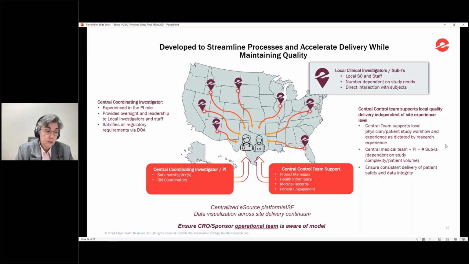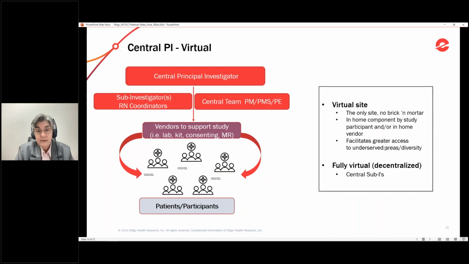Now let's look next at really the two different ways that we're referring to here. And the first one I'll talk about is the virtual model. And so in this next slide, the virtual model, we have a central PI.